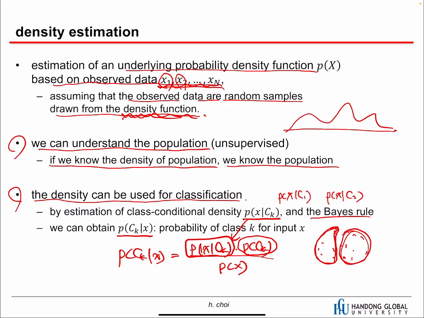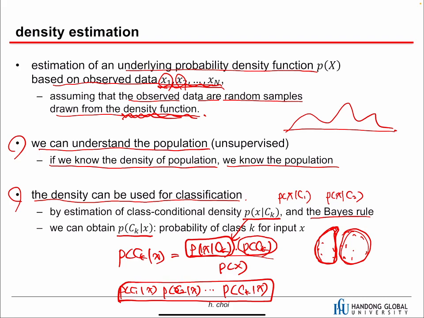This is basically the same as unsupervised density estimation, just with one condition here. When we classify one sample, we need P of C1 given x, P of C2 given x, etc. So P of Ck given x. As long as we know all these probabilities, we can see which class has the highest probability.